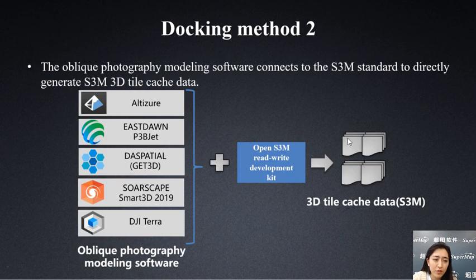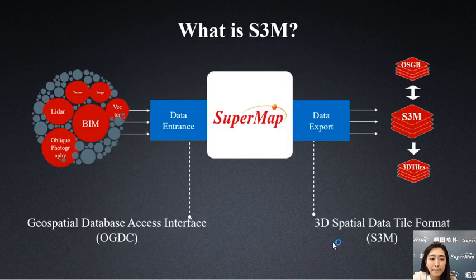So the oblique photography modeling software connects to the S3M standard to directly generate the S3M 3D tile cache data. So what is S3M? Let me introduce it in detail. S3M is the abbreviation of the 3D spatial data standard model.